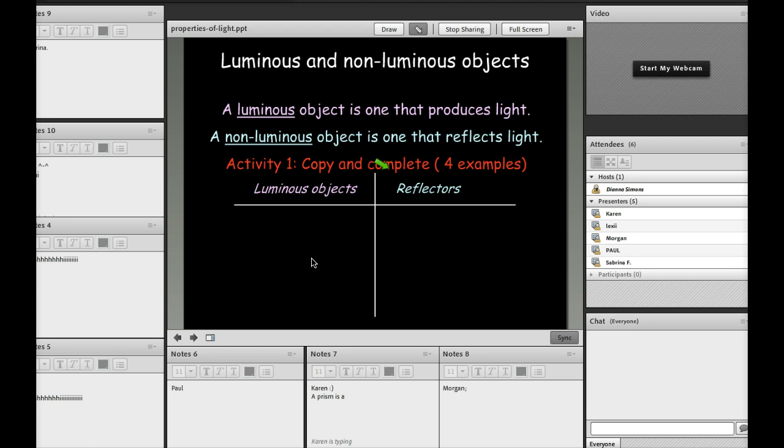Type it in your Notepad. So luminous is producing light. So what produces light?